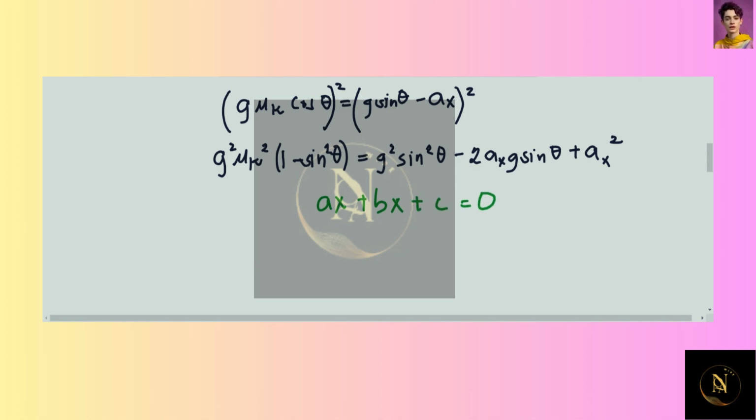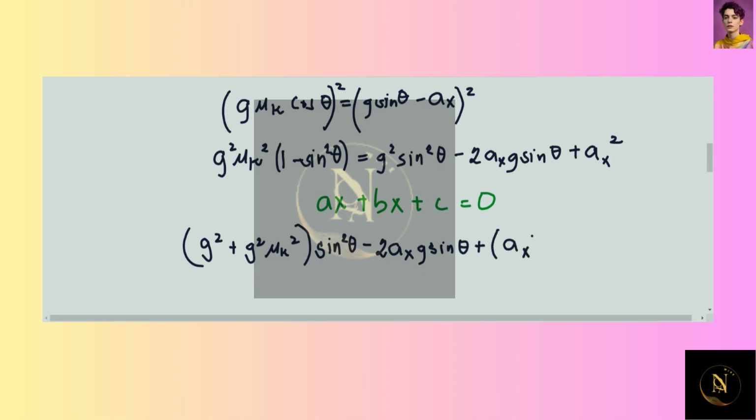Then our equation becomes g squared plus g squared mu sub k squared quantity multiplied by sine squared theta, minus 2 a sub x g sine theta, plus this quantity a sub x squared minus g squared mu sub k squared quantity equals 0.